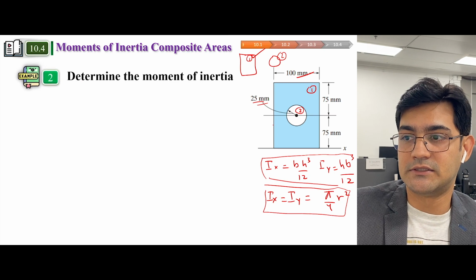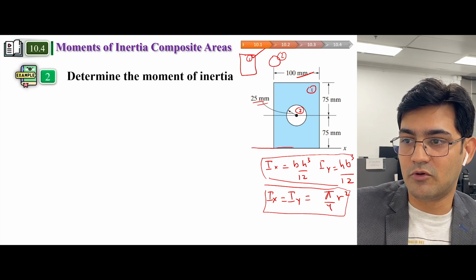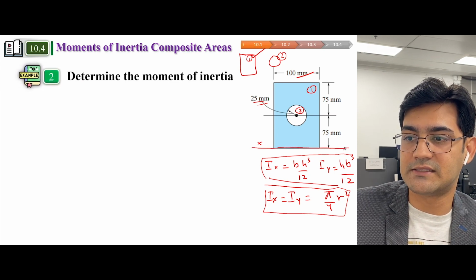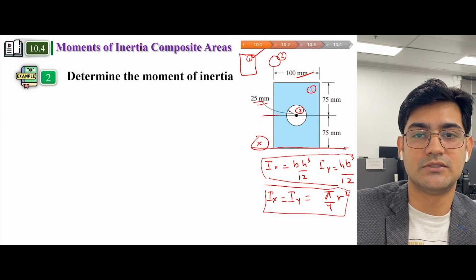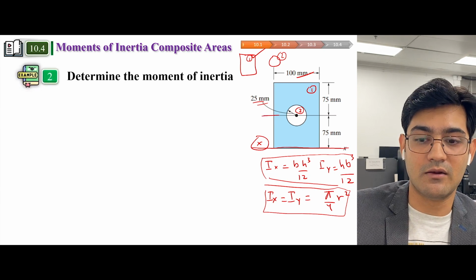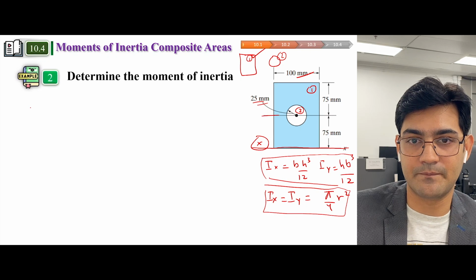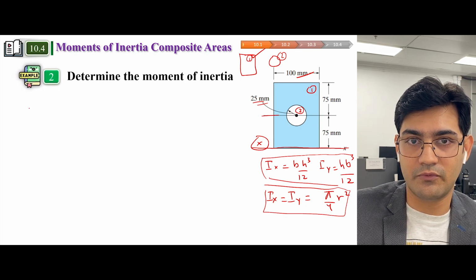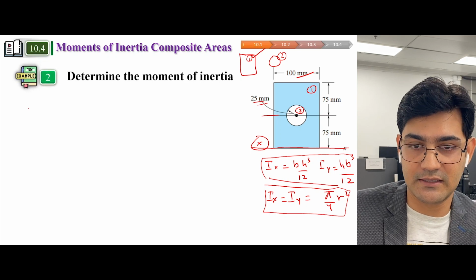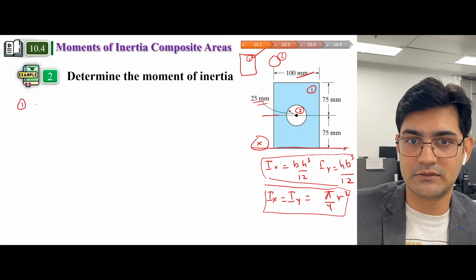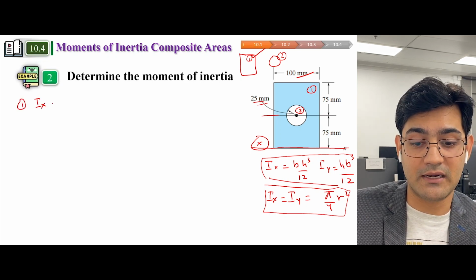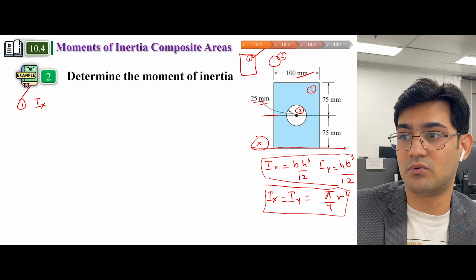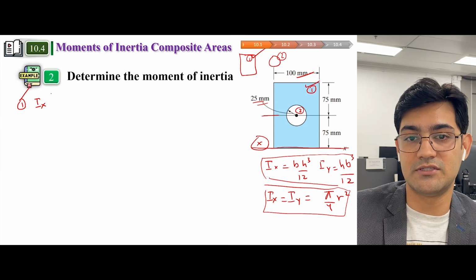But since we want to calculate the moment of inertia along the x-axis, not along the centroid, we also need to use the parallel axis theorem. So Ix, according to the parallel axis theorem, first let's just do this for segment 1.